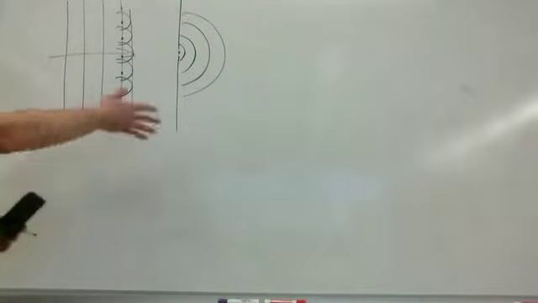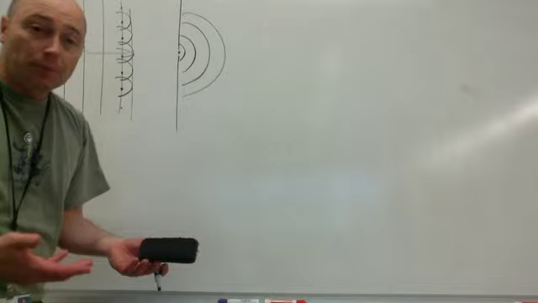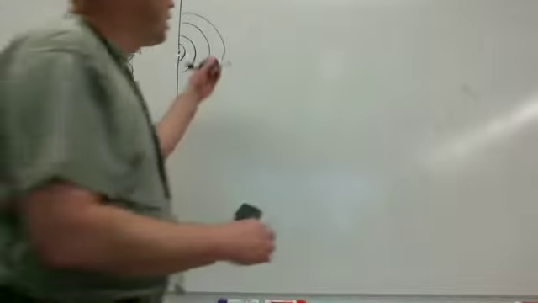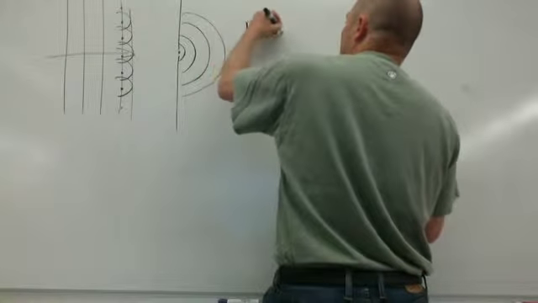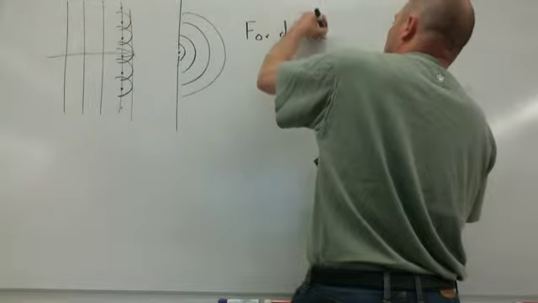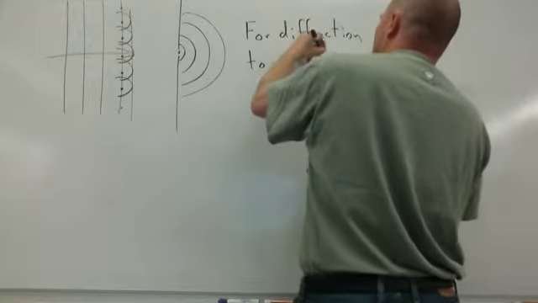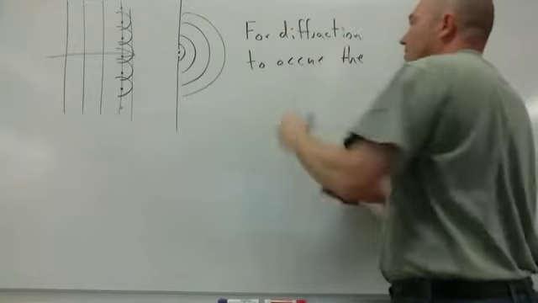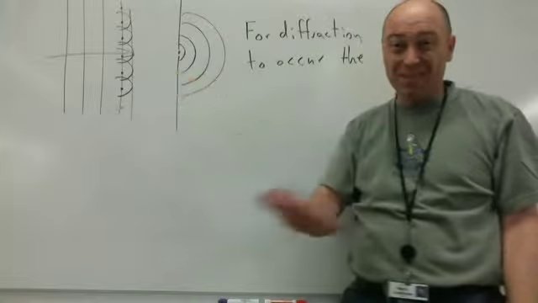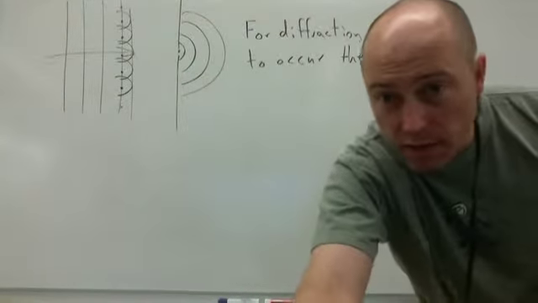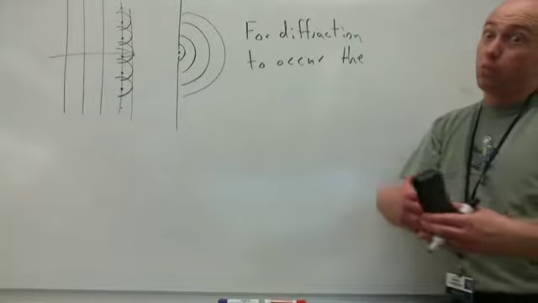The other thing to keep in mind, guys, for diffraction to occur, the slit width has to be right about the same size as the wavelength. Obviously, it can't be much bigger.